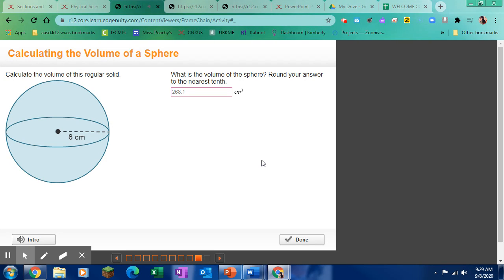Oh, radius cubed. I did that part wrong, guys. Okay. So 8 cubed times pi times 4. Remember, I'm hitting equals after each one of those steps. Divided by 3 equals 2,144.7.